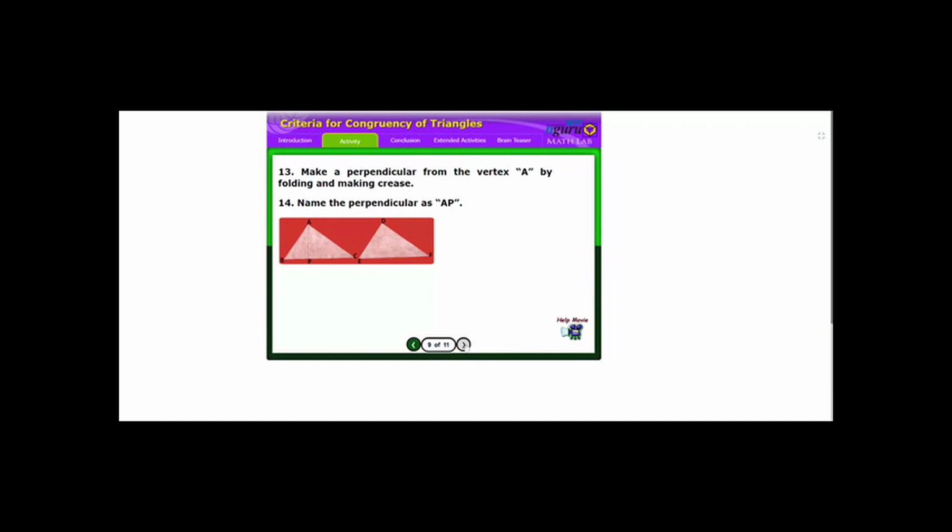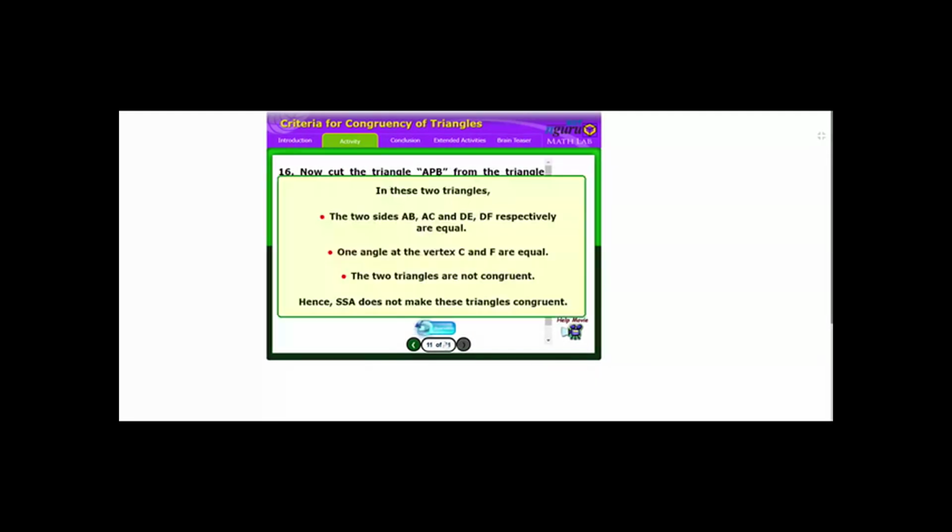Now what? Make a fold along the perpendicular AP. Now cut the triangle APB from the triangle APC. See, APB is like this.